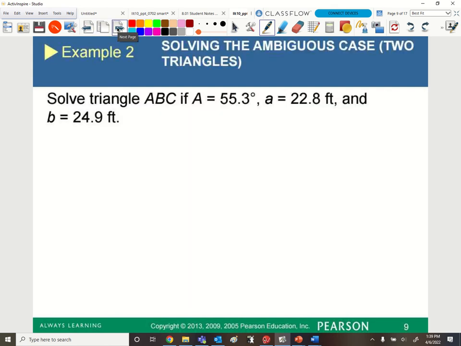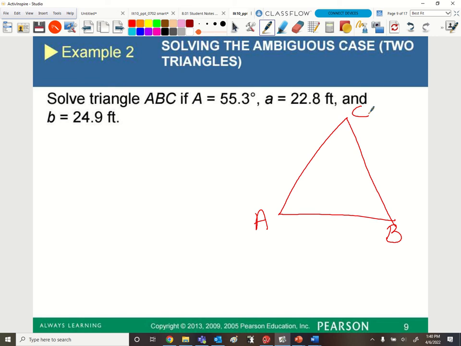So, do I have a triangle here? What do I need to do? Draw a triangle. Please do that. Okay, so I'm going to make this one ABC. Very generic triangle.